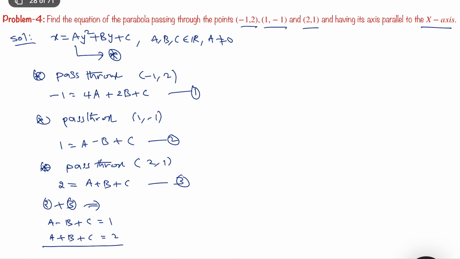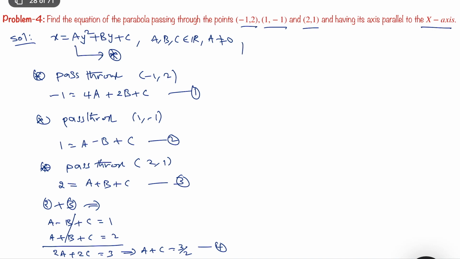So I am adding these two. Here b get cancelled. We have 2a plus 2c equal to 3. So that should give you a plus c equal to 3 by 2. Let me call it 4.